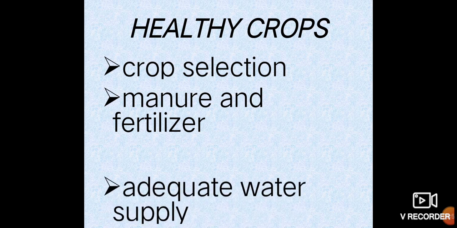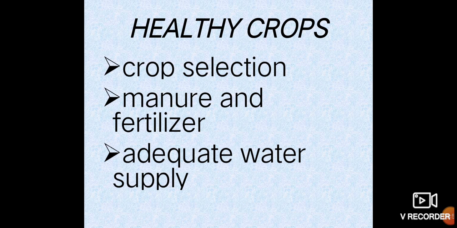Well, the next important thing is adequate water supply. We must water the crops in a proper manner. Some crops need a lot of water, but some crops need only a moderate water. So, adequate water supply is very important.